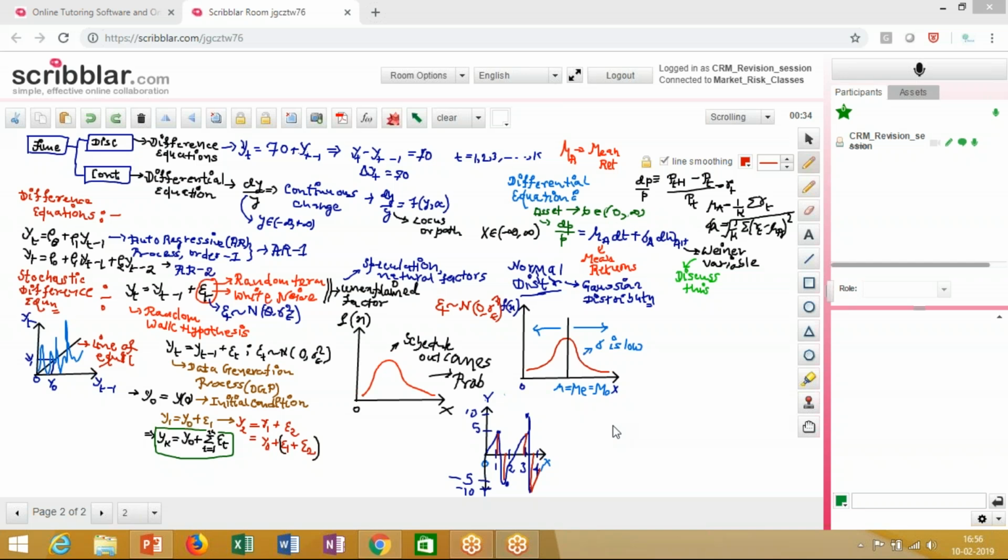If it is random, that means there would be no deterministic path to it. If one value goes up, the next value can go down, and again the next value can go up, and again down. So it's random. It does not have any path. It may be that it goes up for 3 values and then goes down for the next 10 values, but it does not always have that.